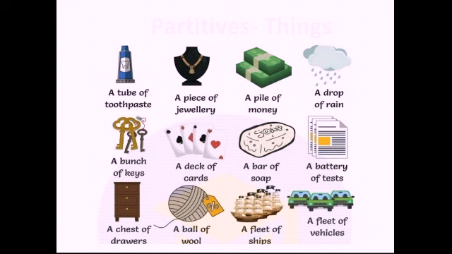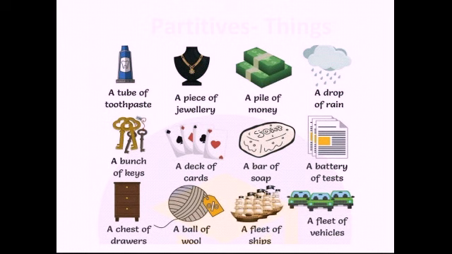Let's deal with partitives along with the things. A tube of toothpaste, a piece of jewelry, a pile of money, that is money that is stacked on top of the other.